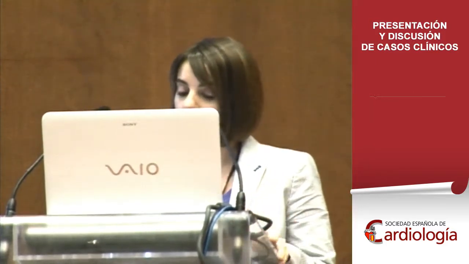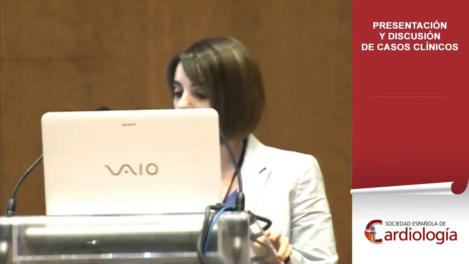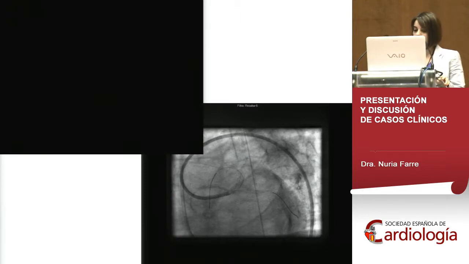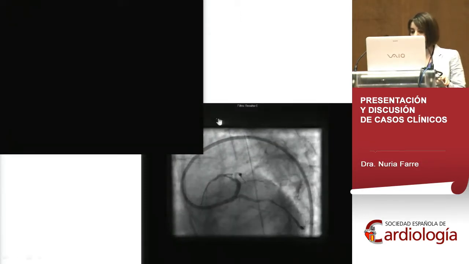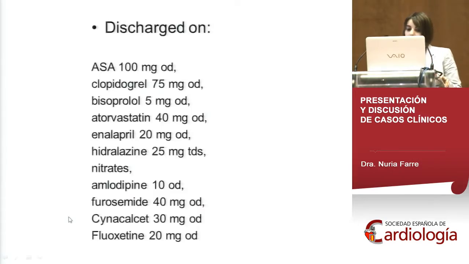And at that point, we made a PCI with drug-eluting stent in left main LAD and mid-left anterior descending. You can see here the results in the mid-LAD and the left main. So it was a good result. She was discharged on full medical medication, aspirin, clopidogrel, bisoprolol, atorvastatin, enalapril, and many other medications.